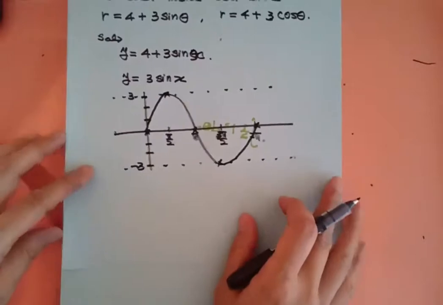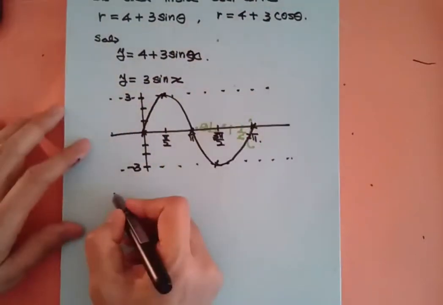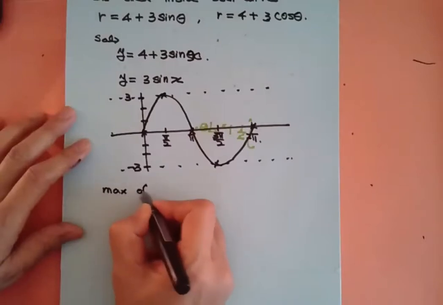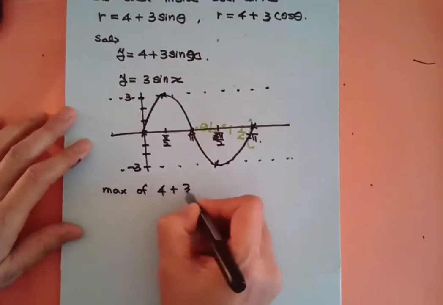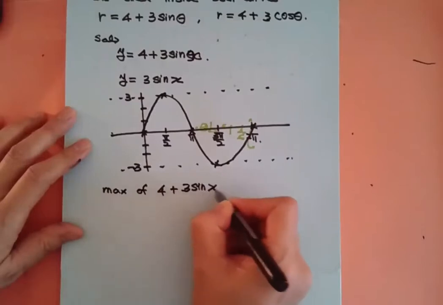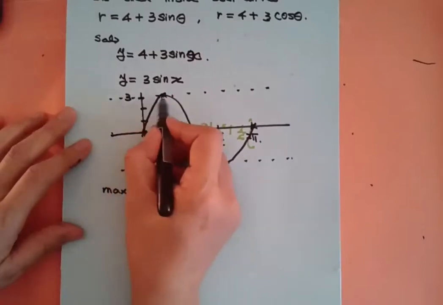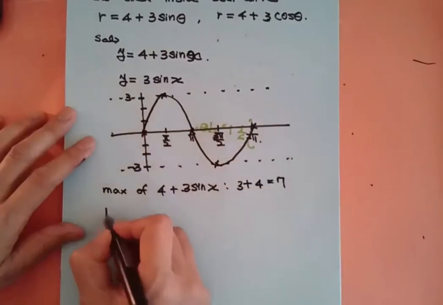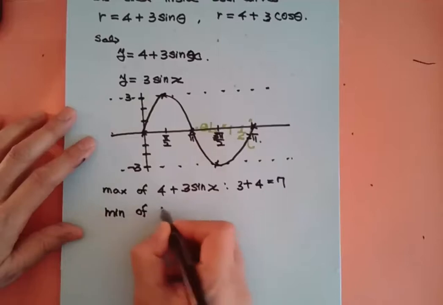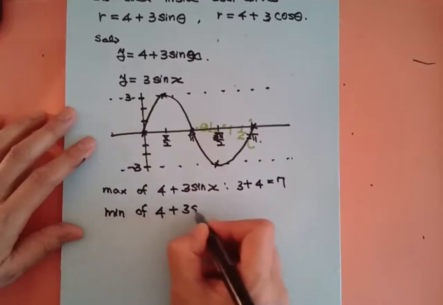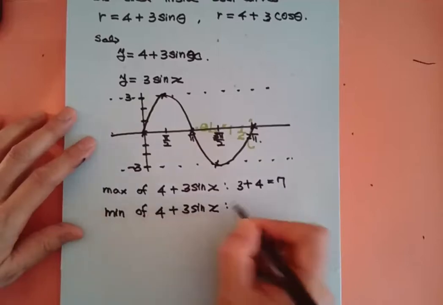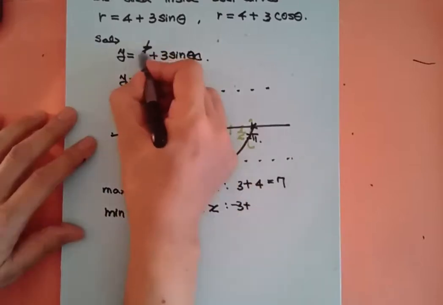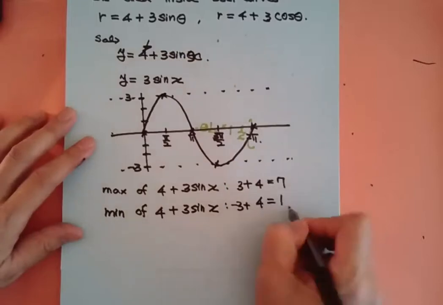In this case, we have to shift up 4 units. So the maximum of 4 plus 3 sine of x will be 3 plus 4, which is 7. And the minimum of 4 plus 3 sine of x is minus 3 plus 4, which is 1, right?